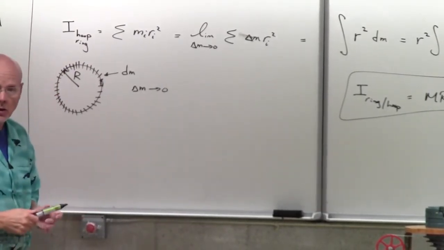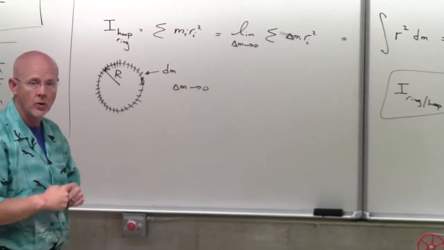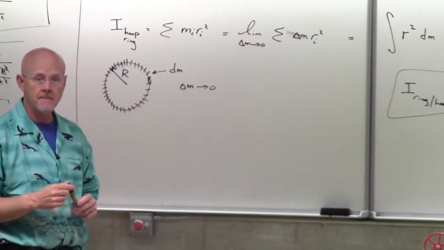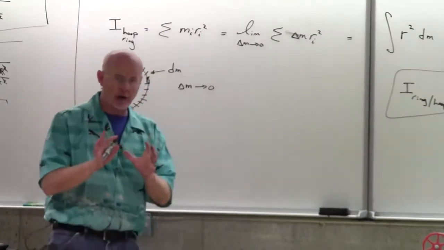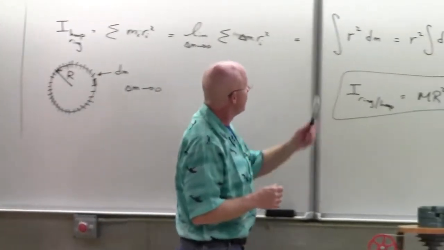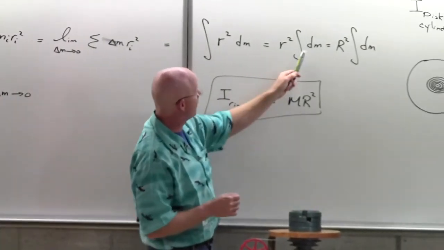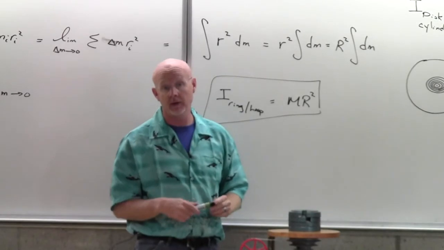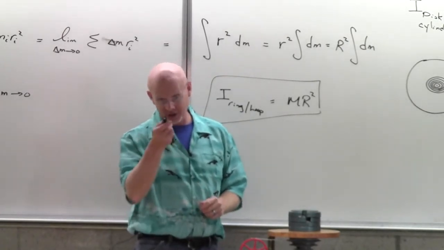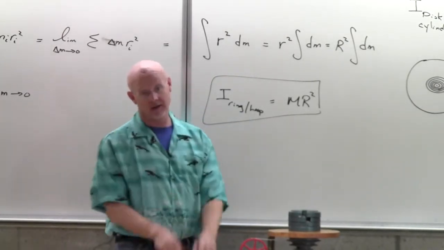Yeah. So if we're able to use the hoop as our infinite hoop over there, does that mean that hoop's infinitely thin? Well, okay, yeah. Now, I guess I should be real careful here. Notice that in this derivation of the hoop, I said all the mass was at the same radius. So what am I really saying at that point? Yeah, what you just said. It's infinitely thin, right?